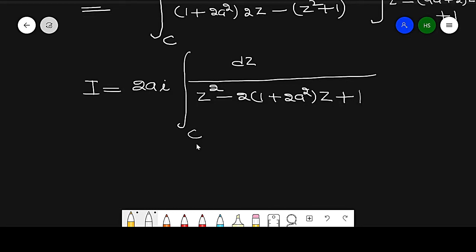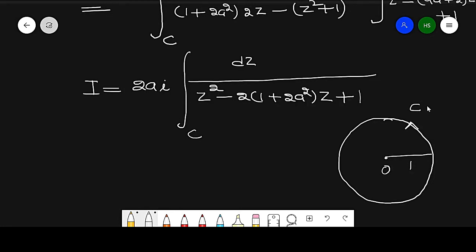Where c is the unit circle, whose origin is 0 and radius is 1, that is, modulus of z equal to 1.